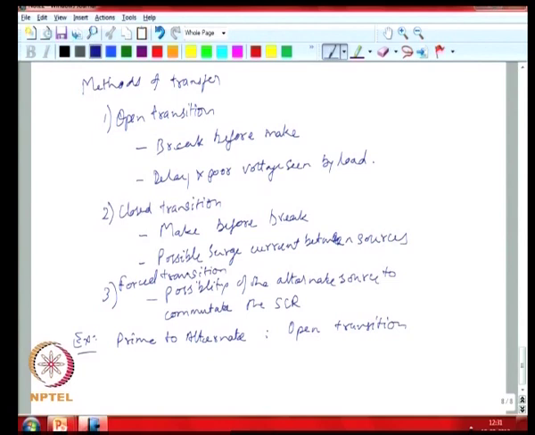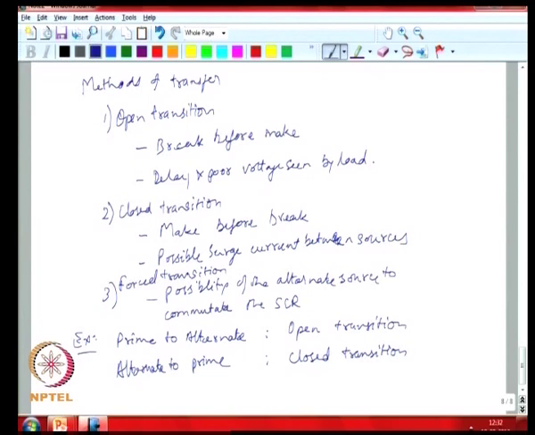So, if you do a closed transition, you will have a surge of power between your two sources, but when you go from alternate to prime, you might have a closed transition, which means that now your grid has returned back to normal, and you want to turn off from your alternate source and return back to the grid, because now both are in the nominal range. You can actually connect the two sources together without having a big surge current, and then with minimal disturbance to the load, you can actually achieve the transfer.